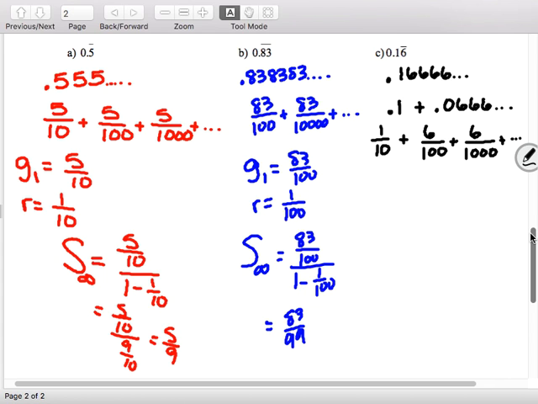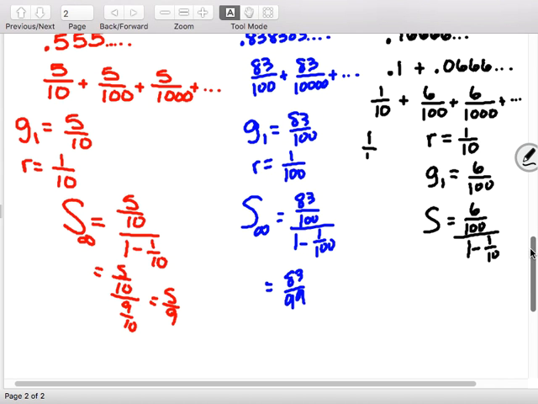So when I do my infinite sum, I'm going to leave the 1/10 out, and we're going to add it back in when we're ready. So this one, R, I'm still multiplying by 1/10, but G sub 1 is 6 over 100. So my sum is going to be 6 over 100 over 1 minus 1/10.